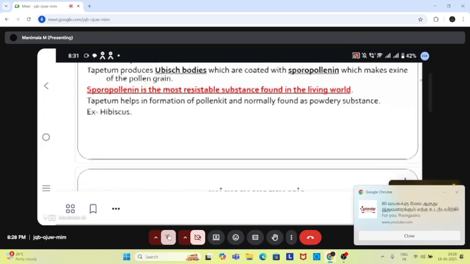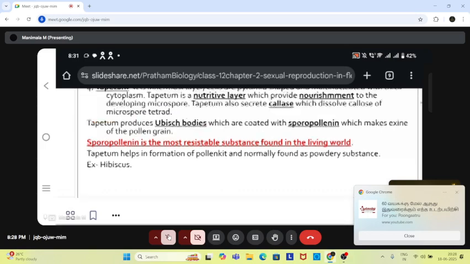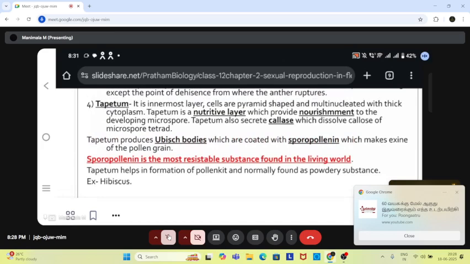What is the function of callase, ma'am? Callase is one of the enzymes. For dehiscence, the layers should be dissolved, right? With the help of callase, the four layers, the endothecium, the outermost epidermis and the middle layer, should be dissolved.